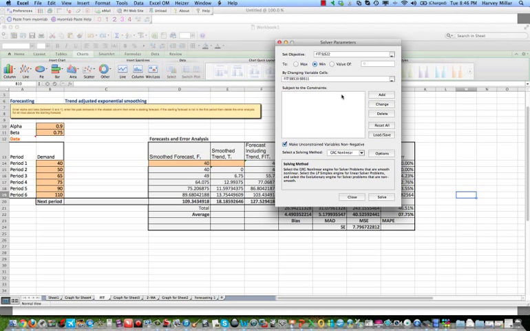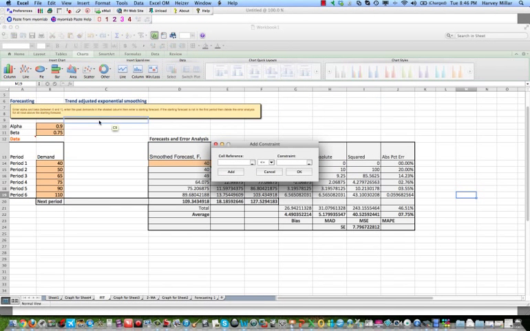But then I have some constraints. What are the constraints? I know that each of those constraint parameters, alpha and beta, must lie between 0 and 1. So I'll add a constraint that says this value is less than 1, and I will add that.